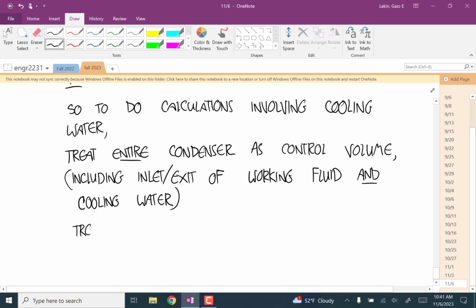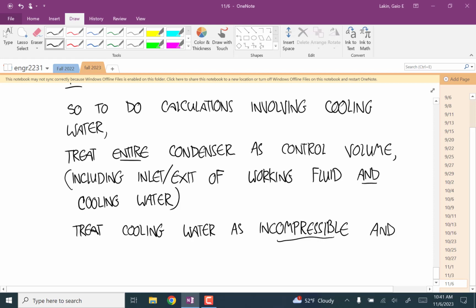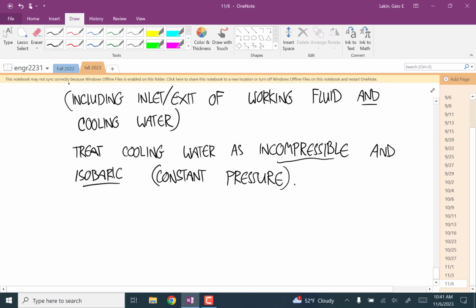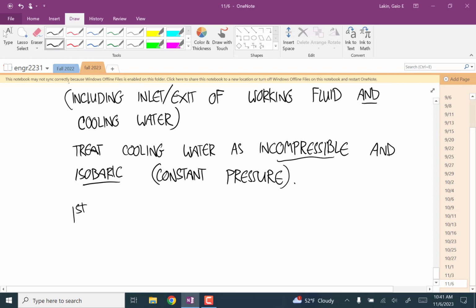And since that cooling water is a liquid the whole time, treat the cooling water as incompressible. And also treat it as constant pressure. So incompressible and isobaric, which means constant pressure. And then use the first law for control volumes.